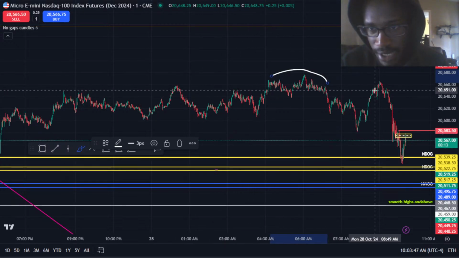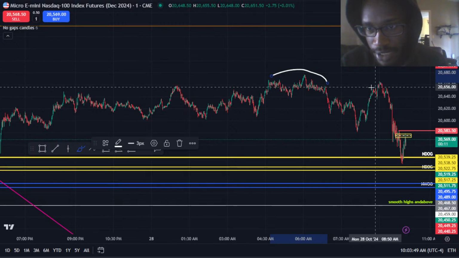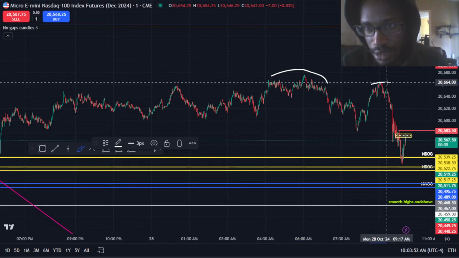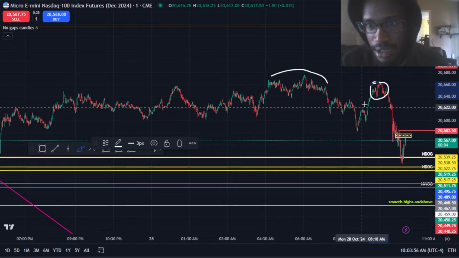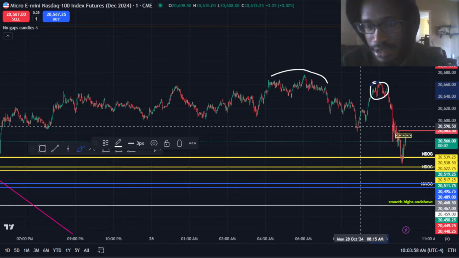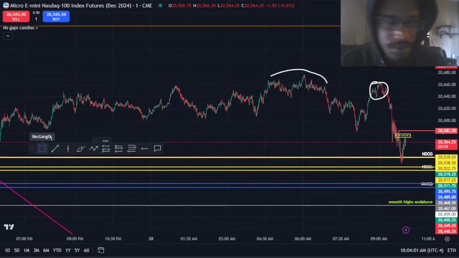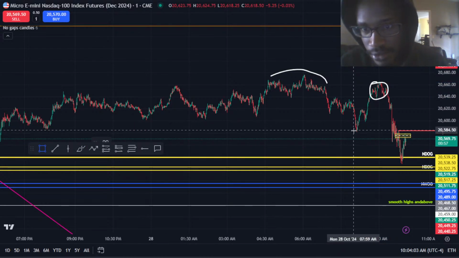Then we also have a high put in here, one of the stronger highs that you could respect. And this is also a low high. We also have a zone that we can use.